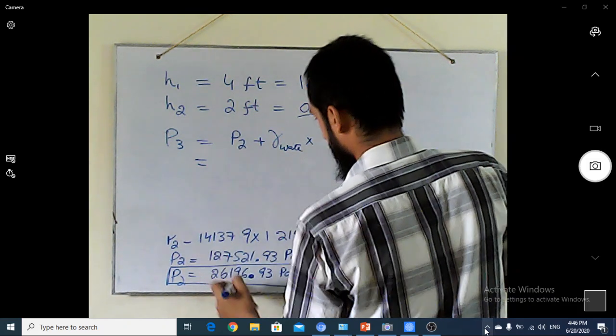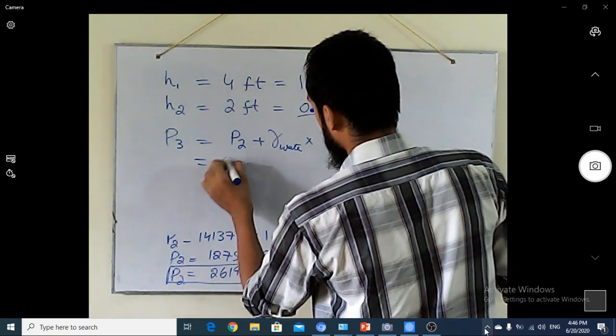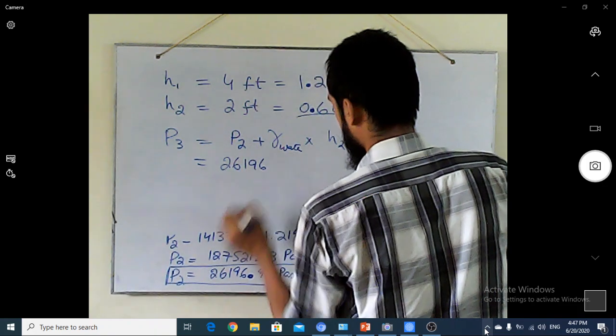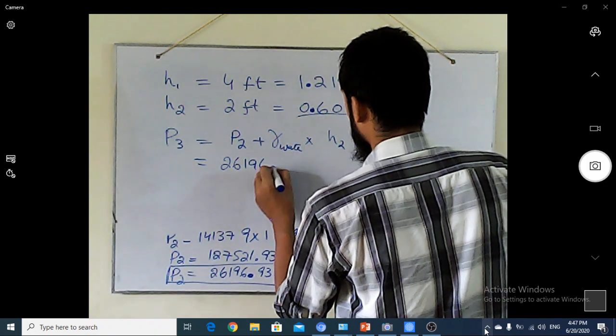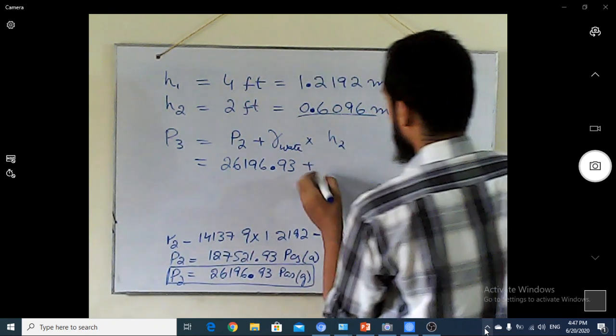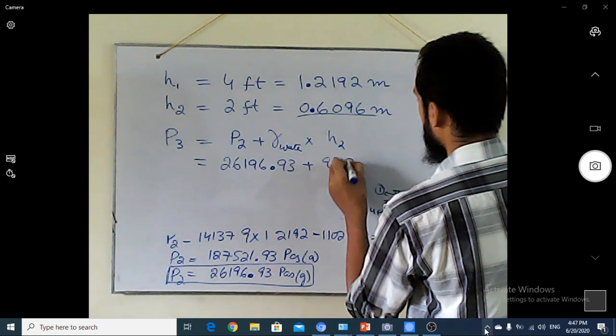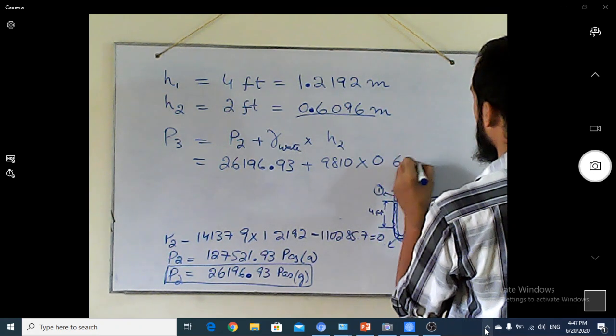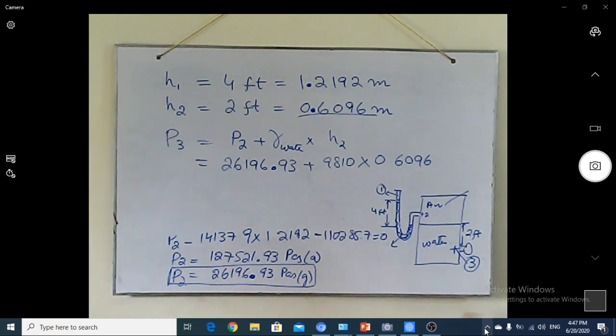So P2 is in gauge form. We have determined 26,196.93 plus the specific weight of water 9810 multiplied by height 0.6096.